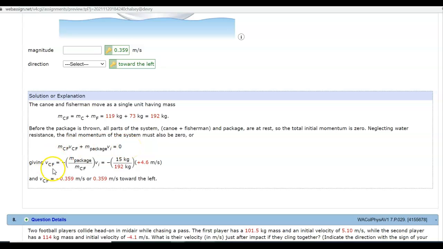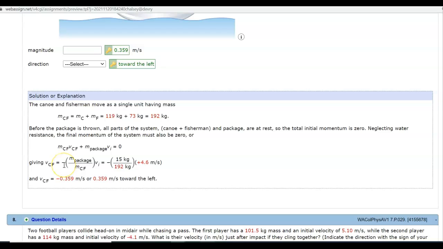All right, so if we want to solve for the velocity of the canoe fisherman, we multiply through by VCF, by MCF, move it to this side, so we have the mass of the package divided by the mass of the canoe fisherman times the velocity he threw the package at.